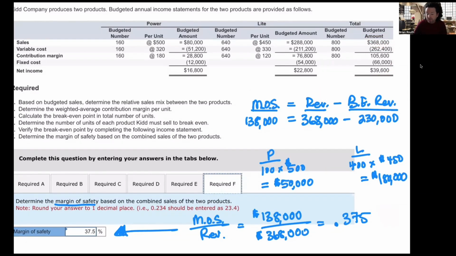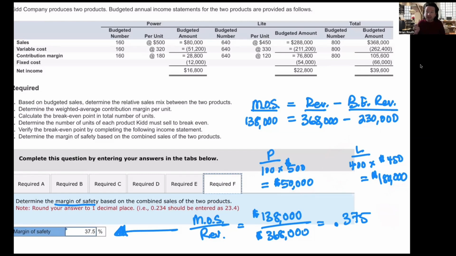Our break-even revenues we can get down here in a part 2 situation. We found earlier that we needed to sell 100 of the power and 400 of the light. If we multiply that times their respective sales price per unit, we get their contribution to our break-even revenues, which is $50,000 and $180,000. You add those together, you get $230,000.